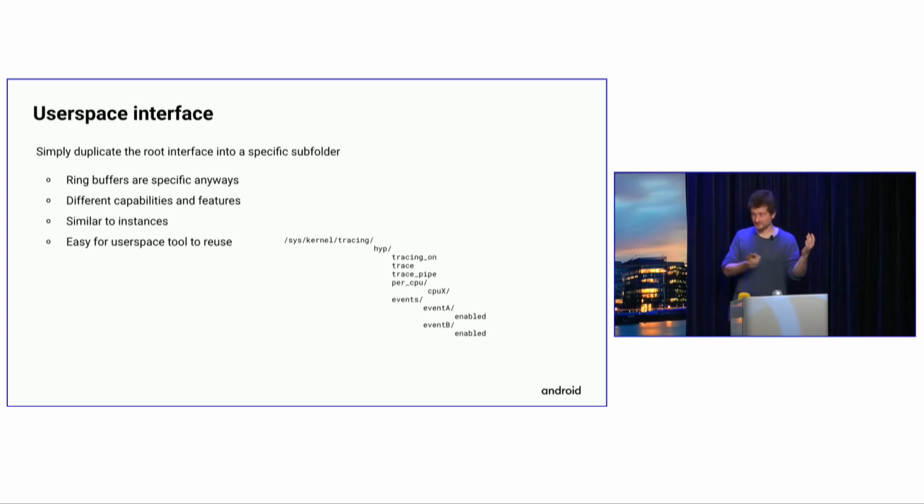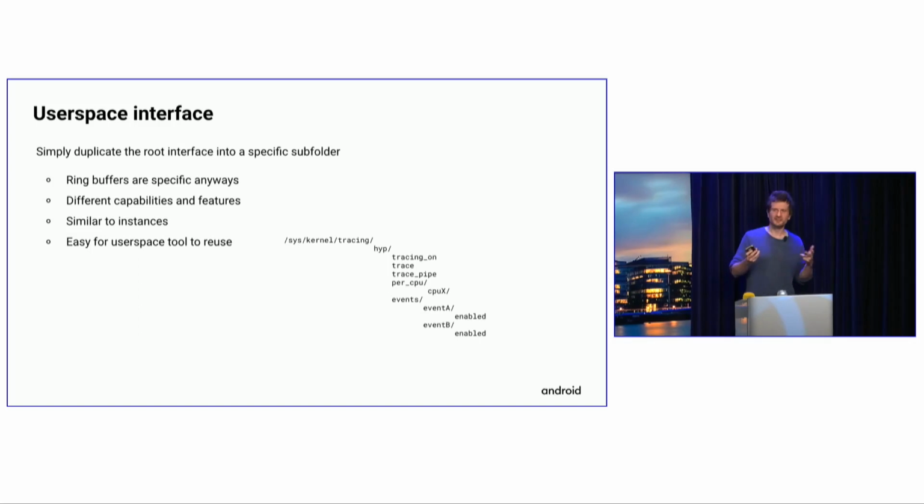Why duplicate all this? Well, as we saw, these are separate ring buffers with different capabilities, different features, different sizes, so it doesn't really fit the host interface. Also, it's quite interesting because the host already supports instances, so the user space tools already know that you can have this duplicated interface in a separate folder.